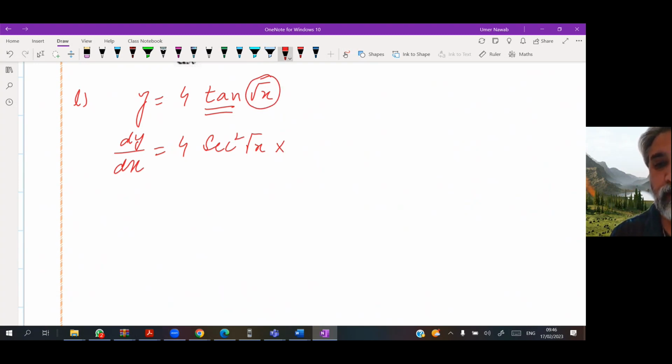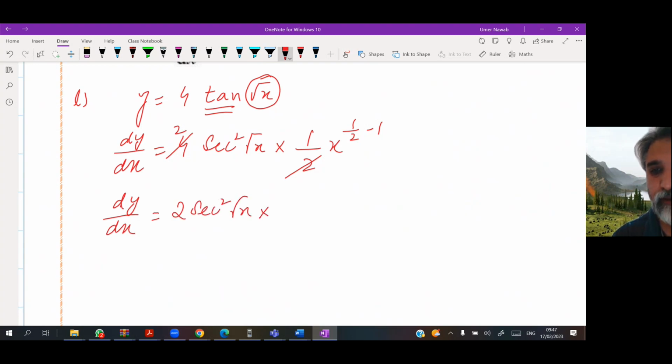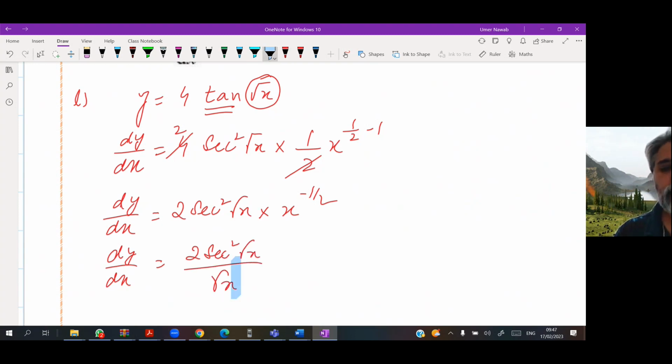Now the further derivative of the argument is half goes back from the power, you take off 1. Now 2 cancels with 4, it gives you 2. So dy by dx is equal to 2 secant squared square root of x, and this is x raised to power minus 1 over 2. And I can write it as dy by dx is equal to 2 secant squared square root of x over square root of x. That's the final answer.